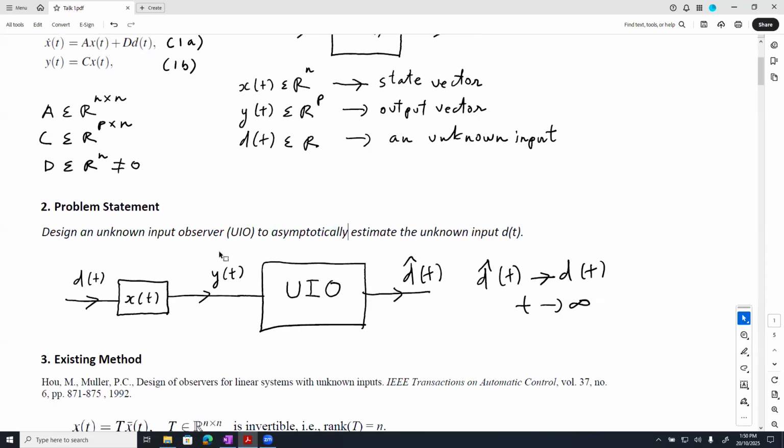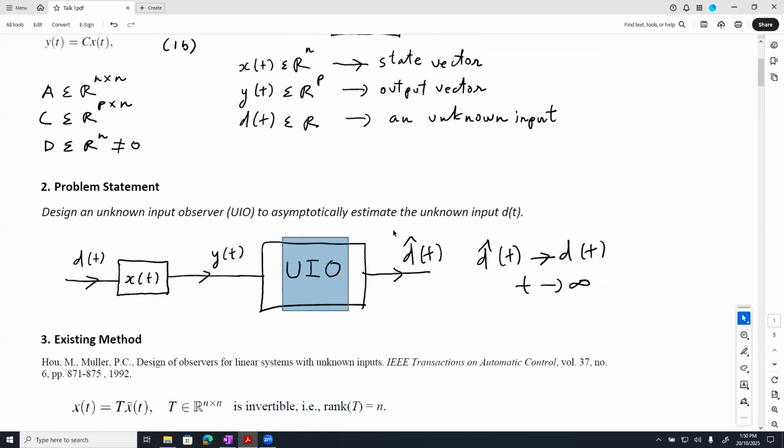We take the output measurement vector and feed it into an unknown input observer, and the output gives us the estimation of the unknown input in such a way that this estimation is asymptotically approaching the actual unknown input as time goes to infinity. That's what we mean by asymptotically.